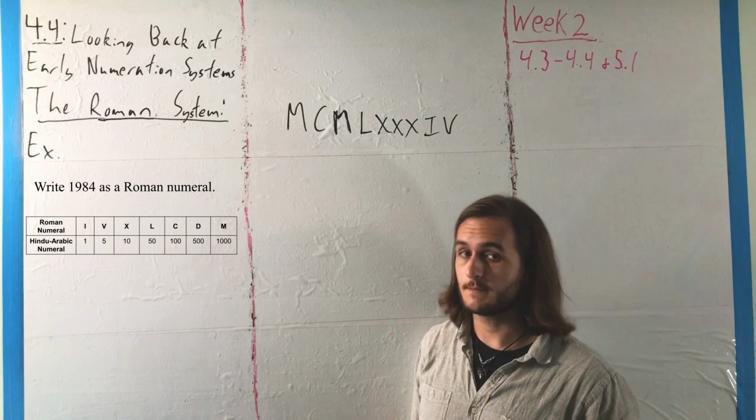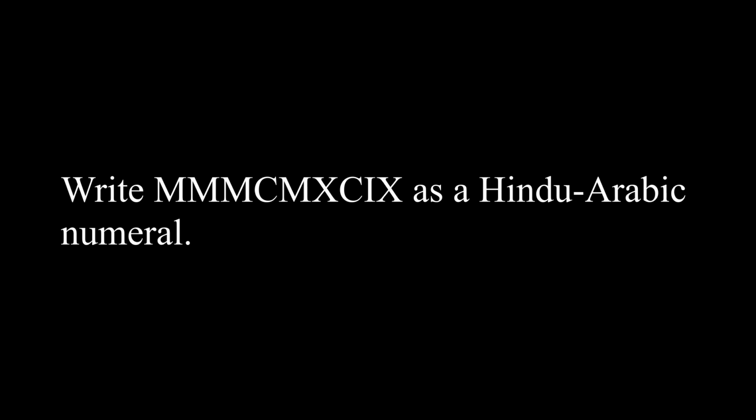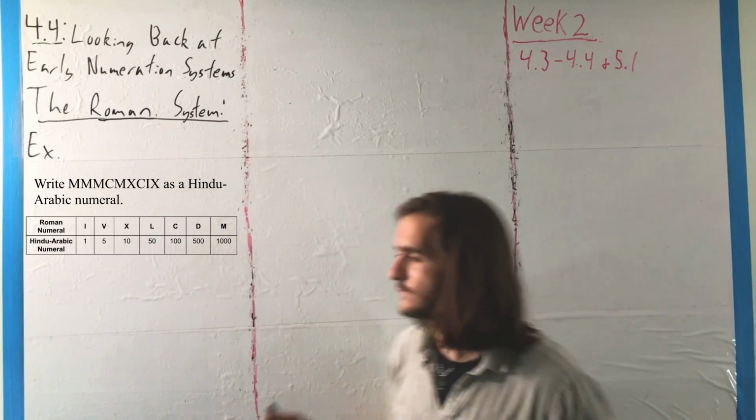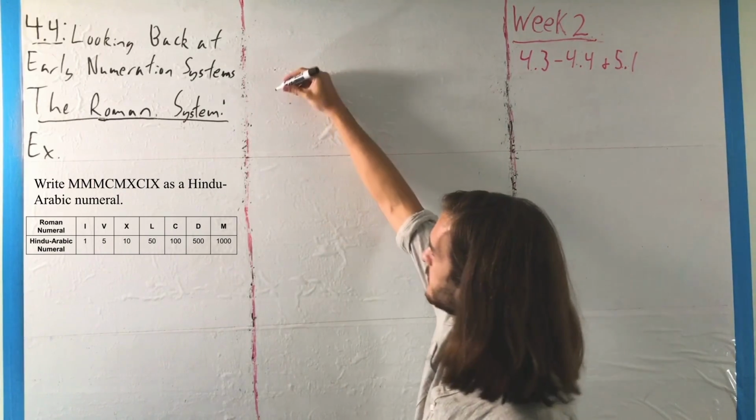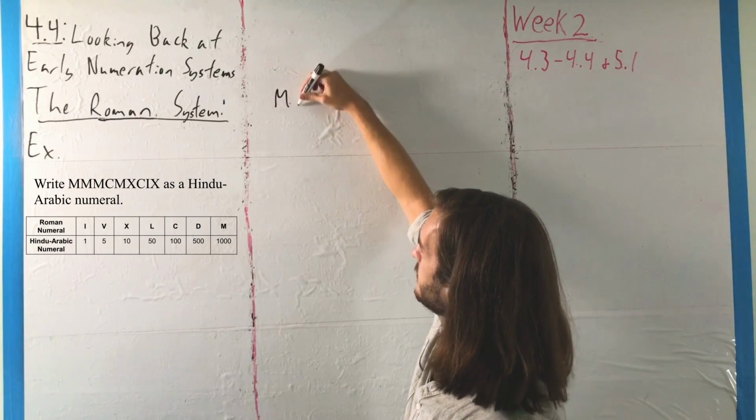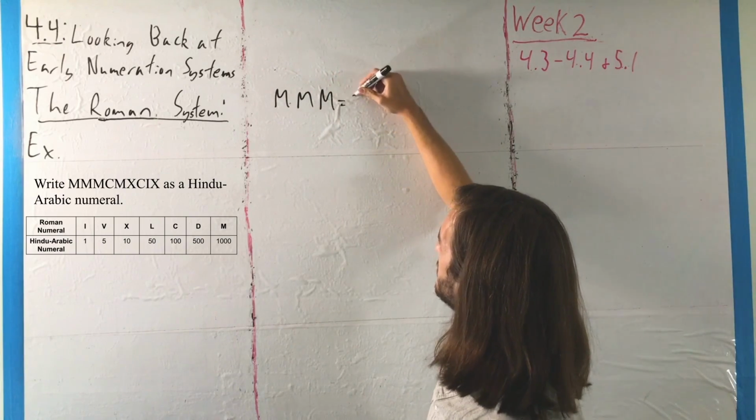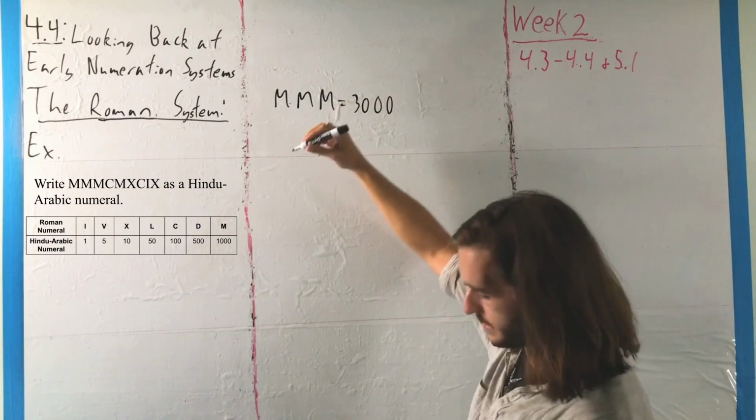But let's get one more example going in the other direction. So for this, we want to write the value MMM, CM, XC, IX as a Hindu-Arabic numeral. Okay, so looking at our pieces, first we can start with those 3 M's, where we know that M is going to be 3,000.